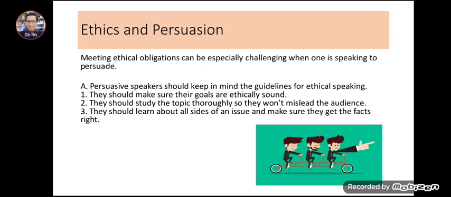And then number three, they should learn about all sides of an issue, every angle of things related to an issue, and make sure that they get the facts right. Again, it's about the right facts, so that we won't give wrong information, and the change of behavior will not be far off from what we intended our audience to be.